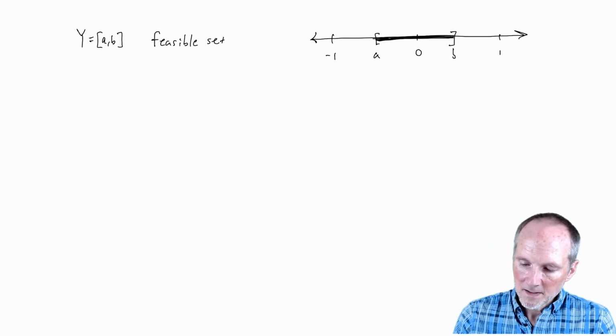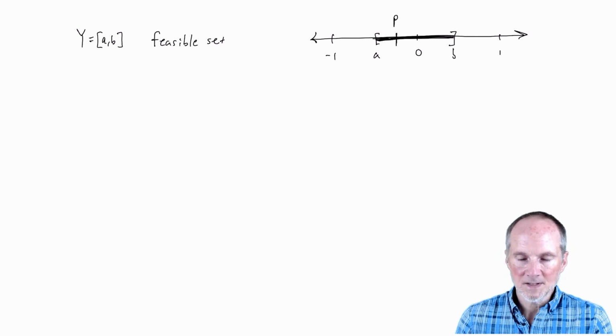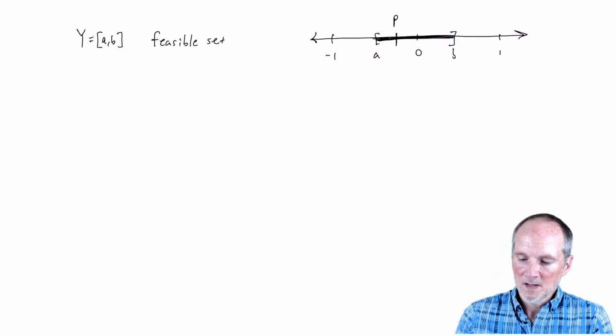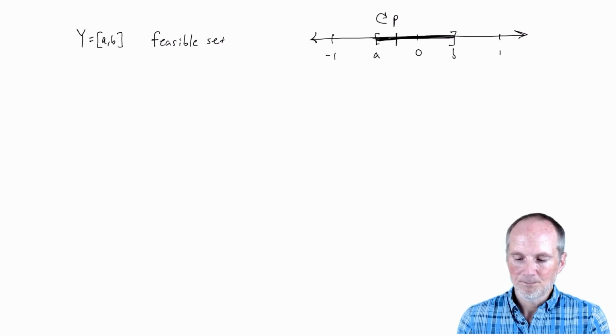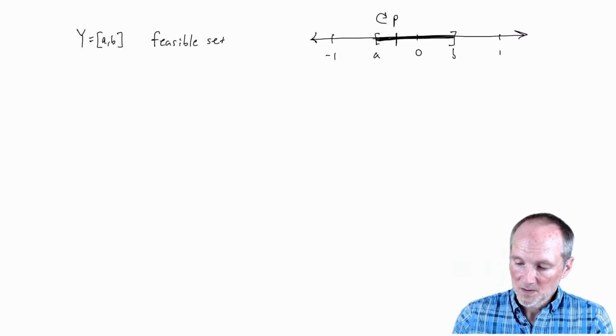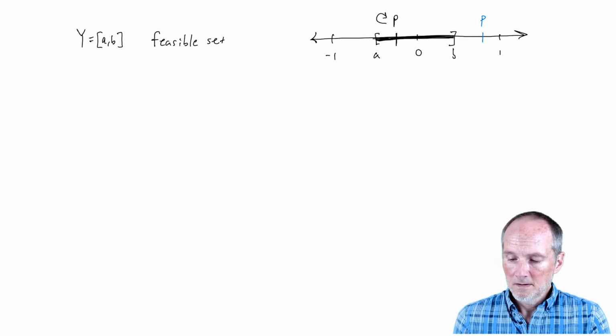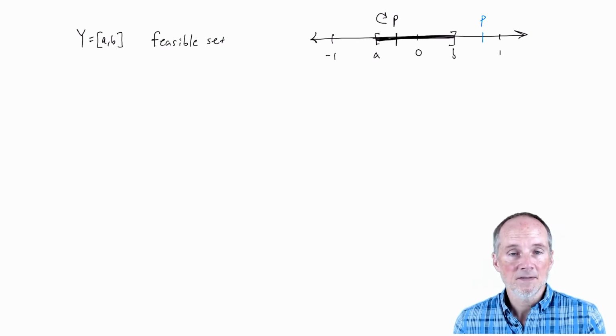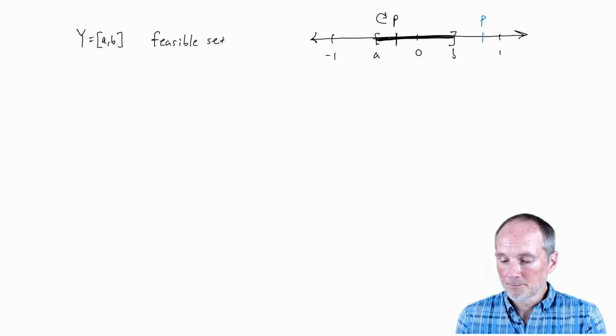If P is in that set of feasible policies, no problem. The politician just chooses his ideal point, and that's all there is. Suppose, though, that P is outside that set of feasible policies. Now the politician can't choose their ideal point. It's not available to them. So they have to choose the best thing that they can.